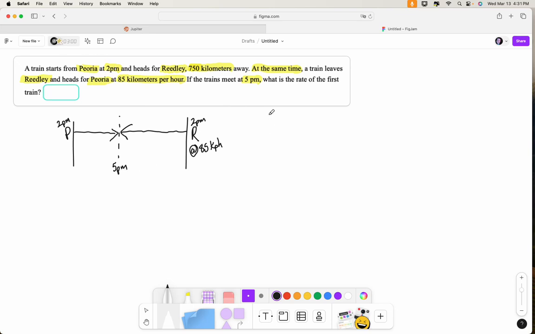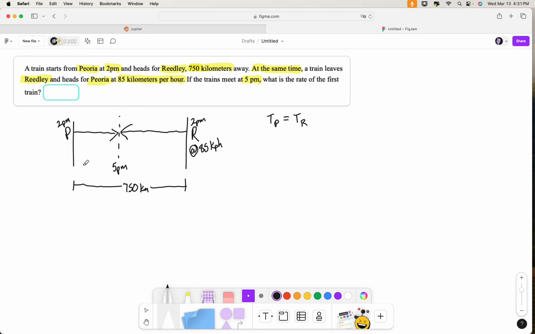So that tells me that the time of the Peoria train is equal to the time of the Reedley train. So their time is the same, but their rates might be different. So that means they're going to be unequal distances. But we know what the total distance is. The total distance, we were told earlier, was 750 kilometers from Peoria to Reedley.